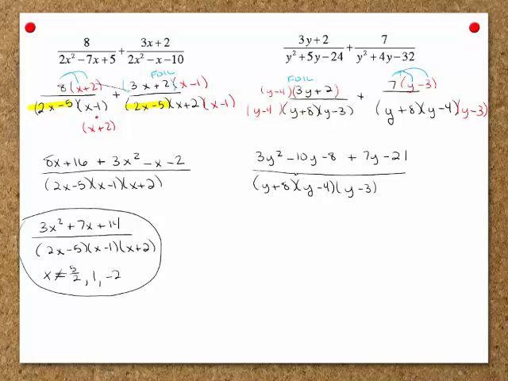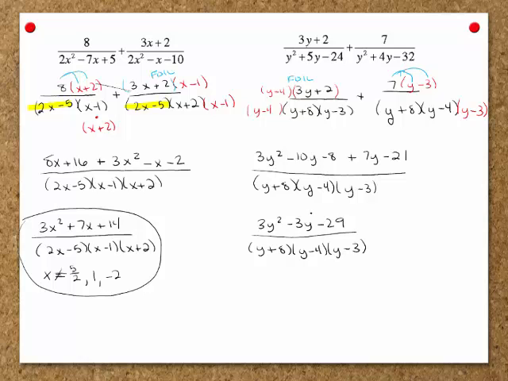And those can go in any order. There's no particular need for them to go in a specific order. Here I'm going to combine like terms to get 3y squared minus 3y minus 29. Again, over y plus 8 times y minus 4 times y minus 3.